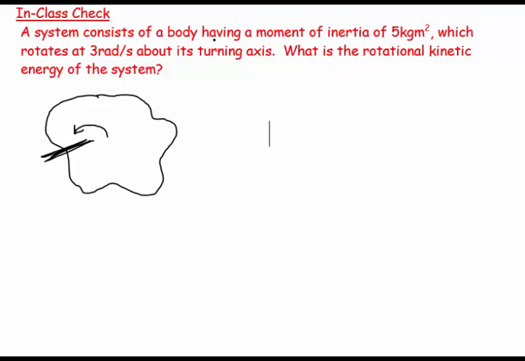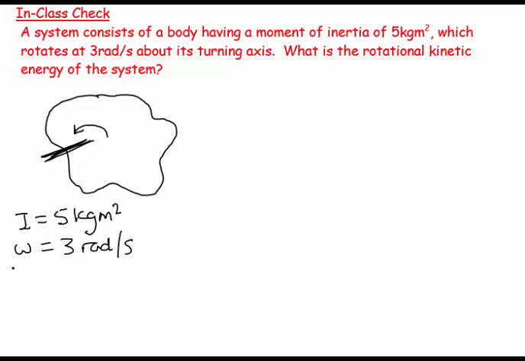And what I can say is the system has a moment of inertia of 5 kg·m² about that axis, and it rotates with an angular velocity equal to 3 radians per second about this turning axis. So what is the rotational kinetic energy?